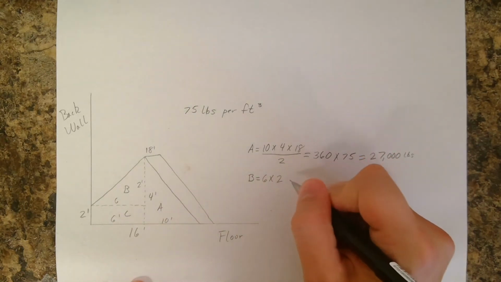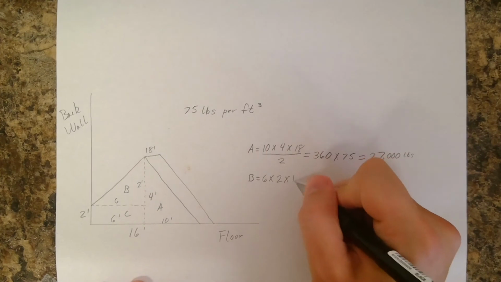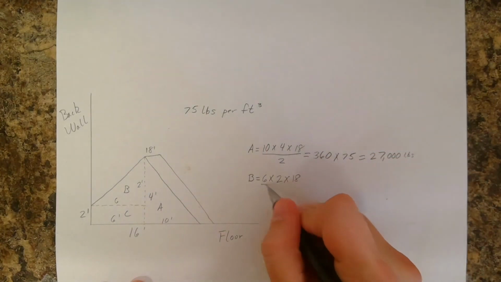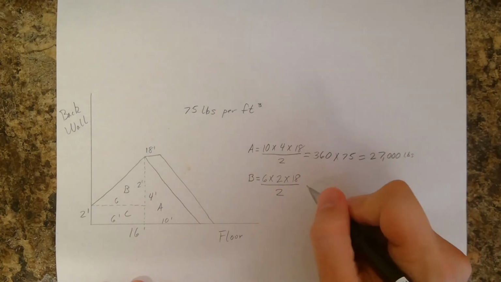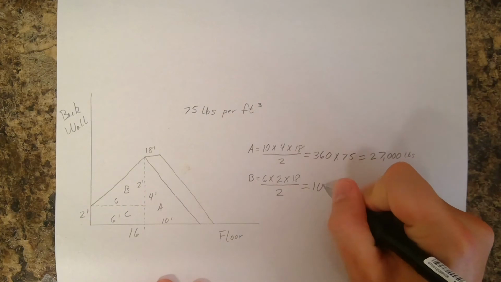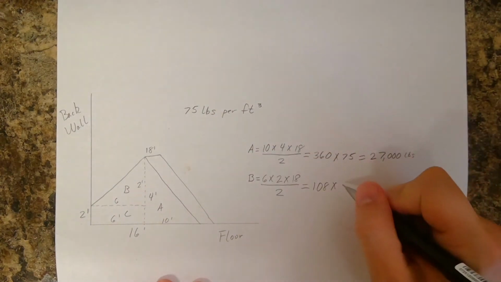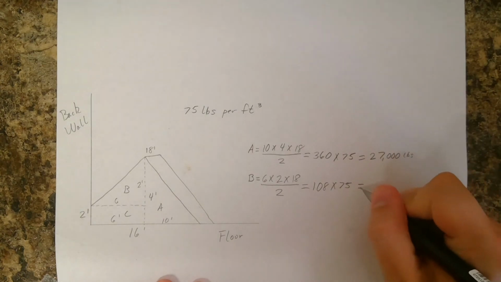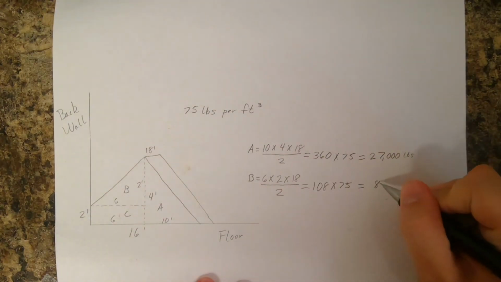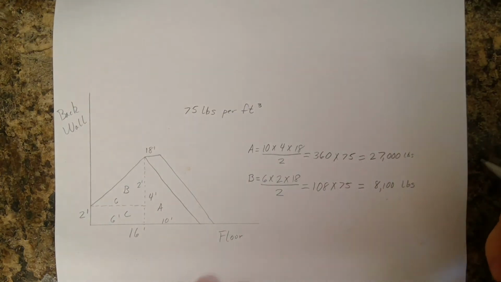So we take that times 2 times the width of 18, and because it is a triangle, we will divide that by 2. Come up with 108 times the 75. That brings us to 8,100 pounds in triangle B.